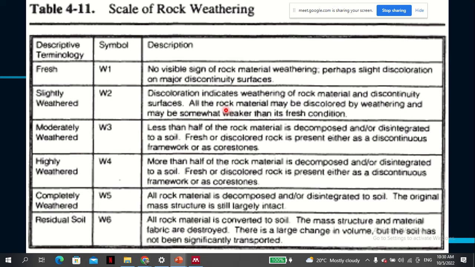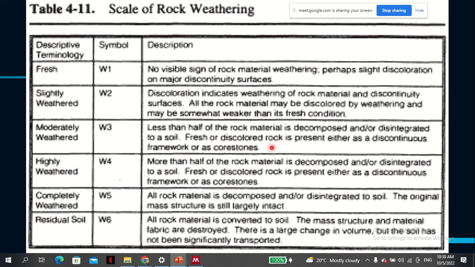All the rock materials may be discolored by weathering and may be somewhat weaker than in its fresh condition. Moderately weathered, W3: less than half of the rock material is decomposed and/or disintegrated into soil.